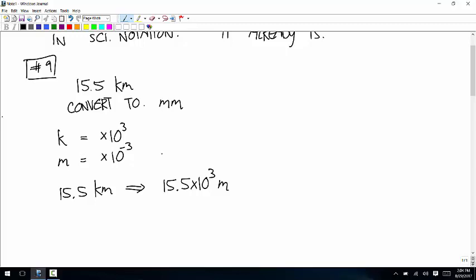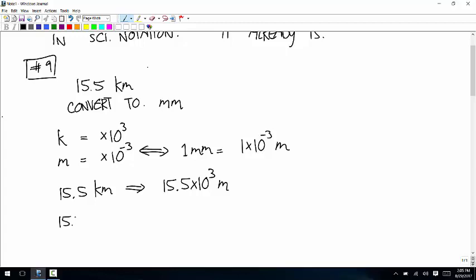Well, another way of writing this is that 1 meter is equal to 1 times 10 to the minus 3rd. No, that is not right. 1 millimeter is equal to 1 times 10 to the minus 3rd meters.